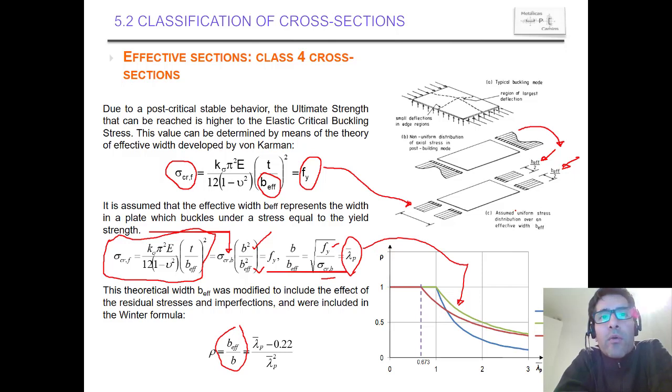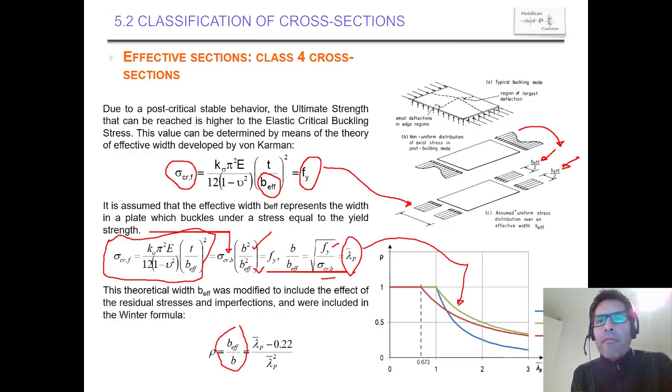Okay, so in this case, it means that the plate buckles when the yield stress is reached in the plate precisely.